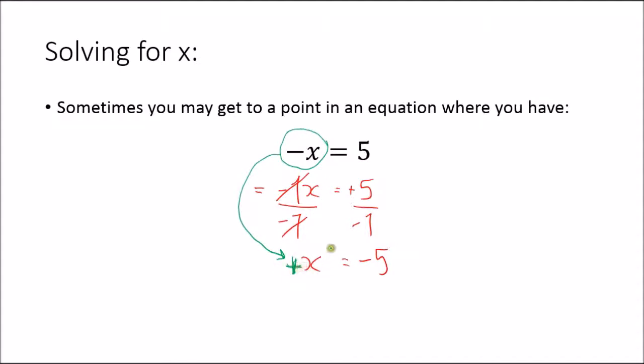Badly drawn plus there. And I've changed the sign on this side of the equation, so I've changed this from a negative to a positive. I just need to change the signs on the other side of the equation from whatever they are to the opposite sign. So this started off as plus 5, I change it to the opposite sign and we get -5.